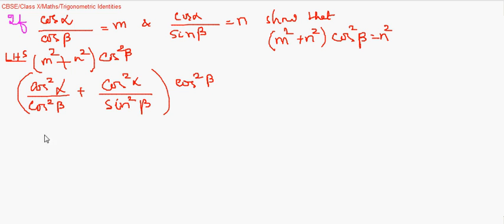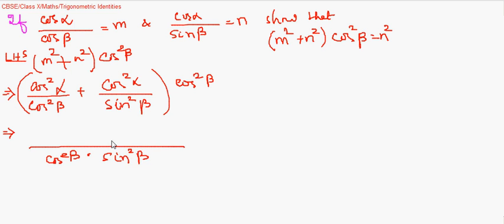We proceed with taking up LCM here. So my LCM is cos square beta and sin square beta.